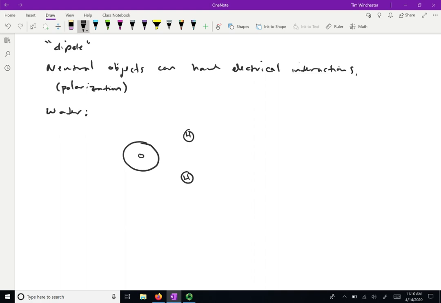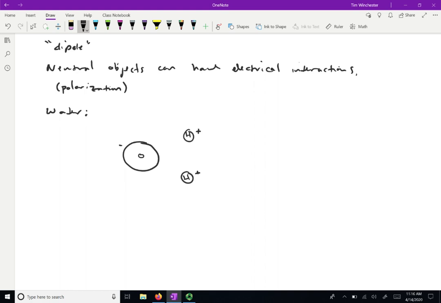It turns out that the oxygen is better at holding on to electrons than the hydrogen. Or you can think of it that the electrons spend more time near the oxygen. So we end up with a slight positive charge near the hydrogens and a negative charge near the oxygens. It's not a complete polarization or a complete ionization.